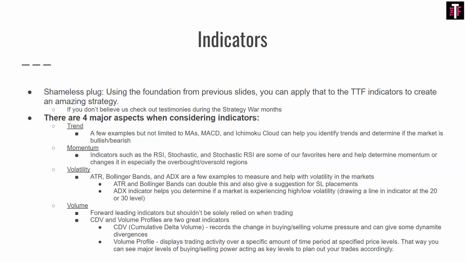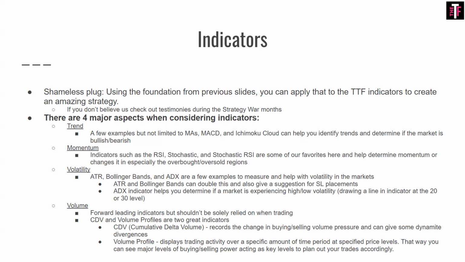The ADX indicator is a little bit different. It helps you determine if a market is experiencing high or low volatility. What you want to do is left click inside the indicator and hit Alt plus H, and that will enter a line inside of the indicator. You want to put that line around 20 or 30. You can test this to see which is better.